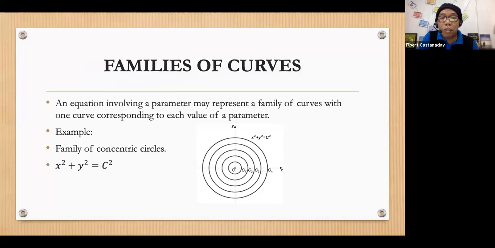So, dito yung mga problems naman dito is actually the same lang dito sa elimination of arbitrary constants.